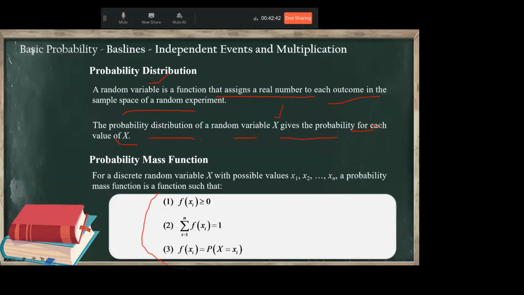So these are the 3 properties of a probability mass function. It doesn't matter if it's discrete or continuous. What are they?